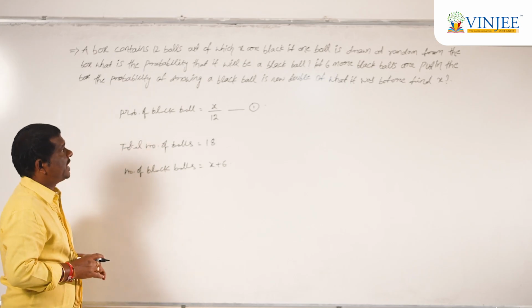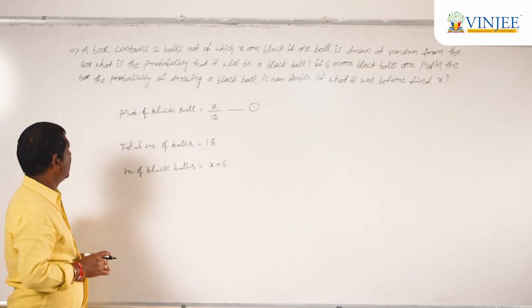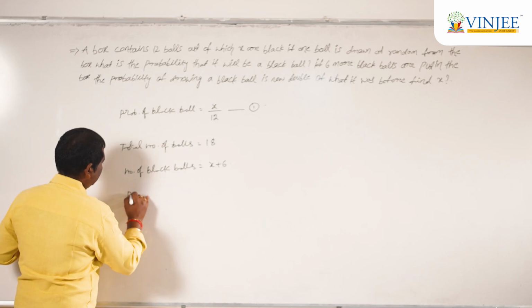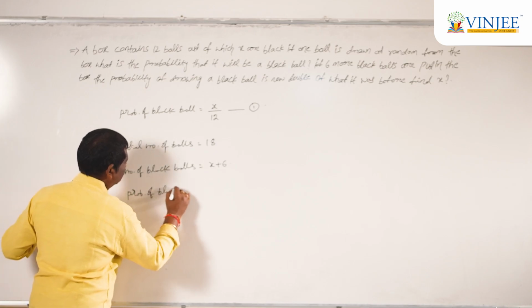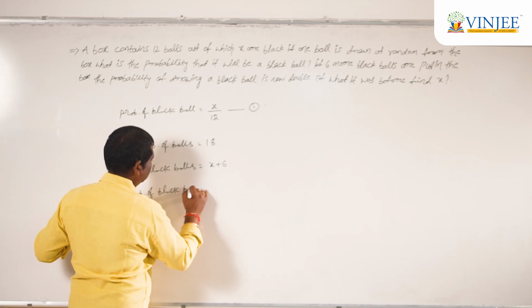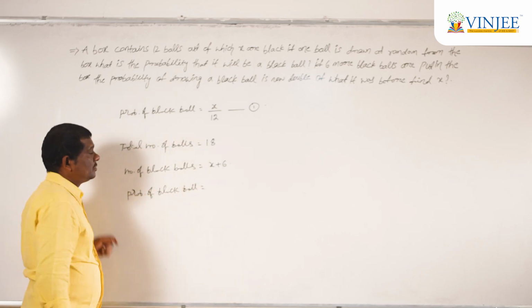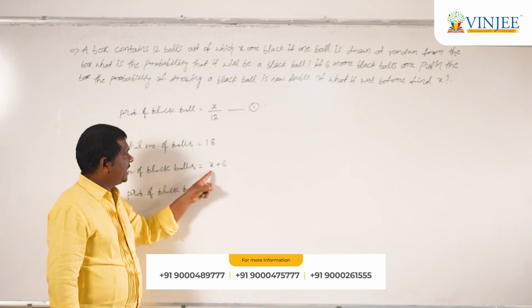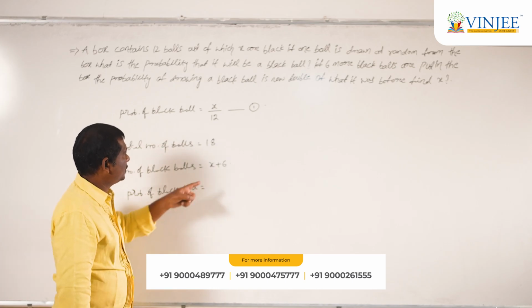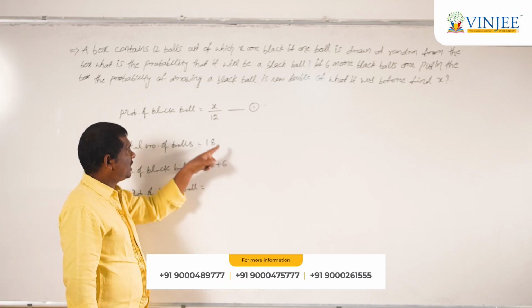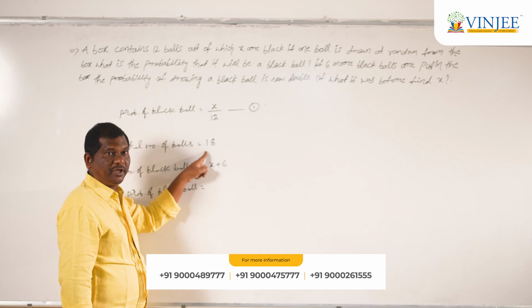Now here, after adding 6 black balls, the probability of a black ball: in the box we have X plus 6 black balls, and we have to take a black ball out of the total number of balls, 18.